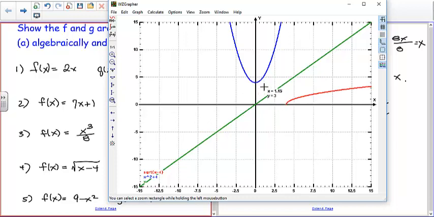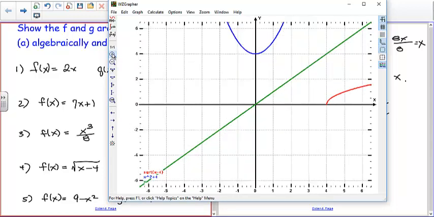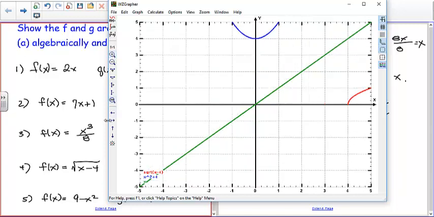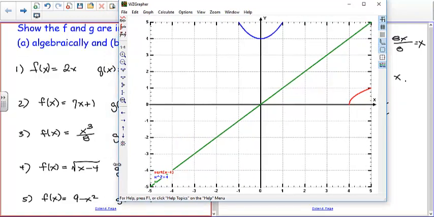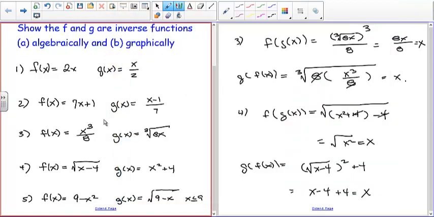So this part we ignore. So we're just going to take positive x, and you can see how this is symmetric with that across that. I'm just going to resize that a little bit.